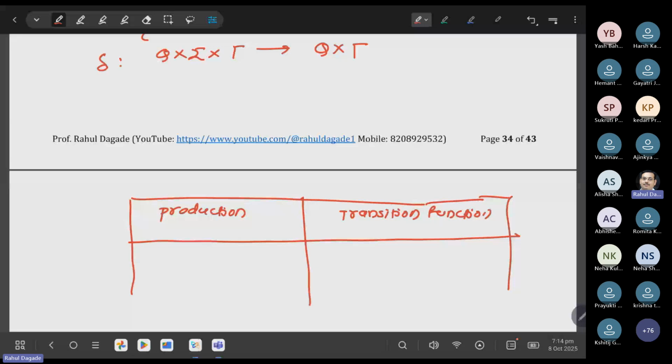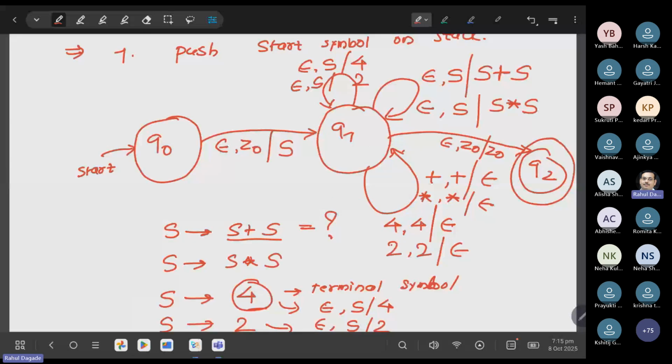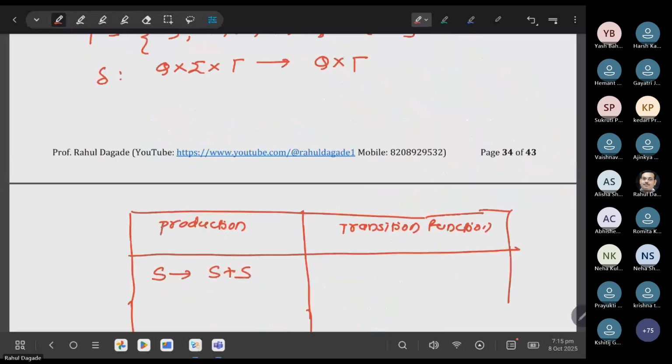See here, for S gives S plus S, we added the transition function delta Q1, null is the input and S is on stack, then it gives Q1, S plus S on stack.